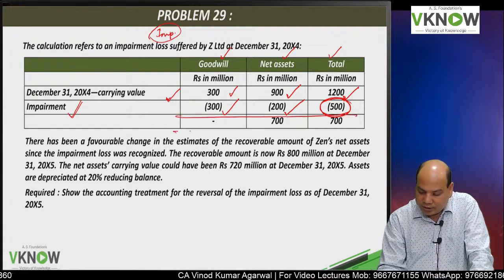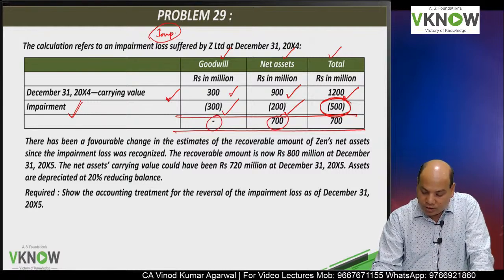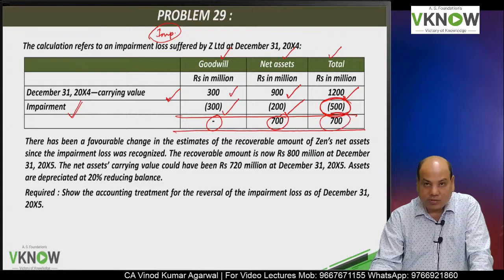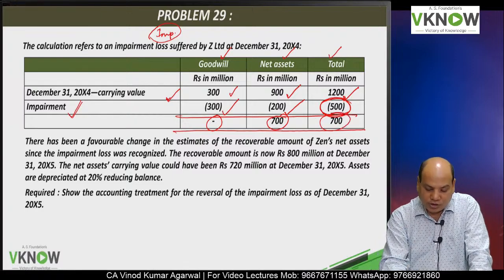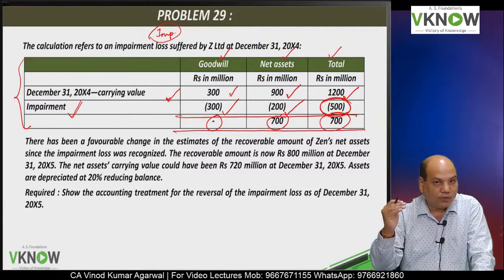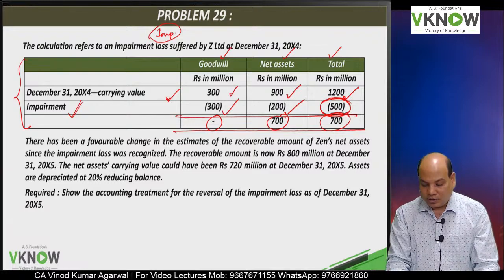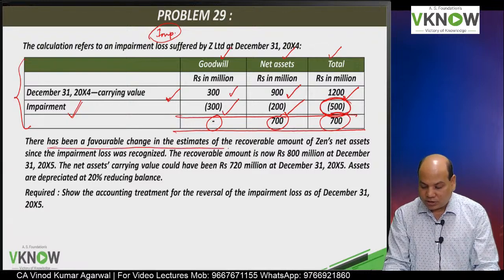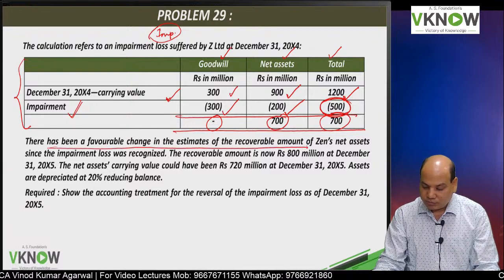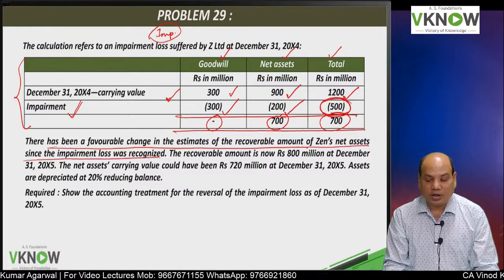After providing impairment loss, goodwill is 0, net assets are 700, total is 700. So that is the first thing, provision for impairment. Now the question says there has been a favorable change in the estimate of the recoverable amount of Z's net assets since the impairment loss was recognized.